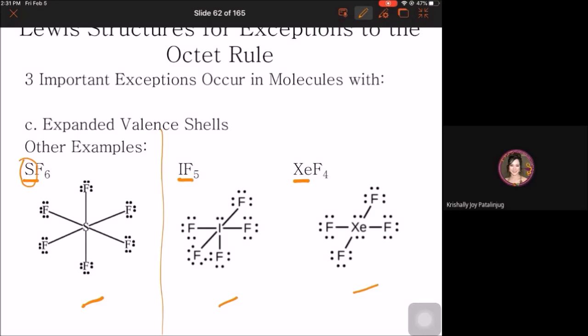As based on the rule, least electronegative atom yung dapat central. So, 6 daw. So, you form 6 bonds connecting sulfur to each fluorine. Pila man na total electrons kung 6 bonds? Diba? That is a total of 12 electrons kung 6 bonds. So, 6 times 2, 12 electrons.